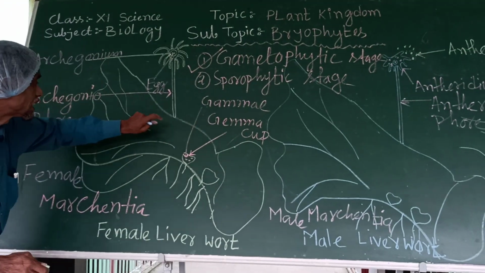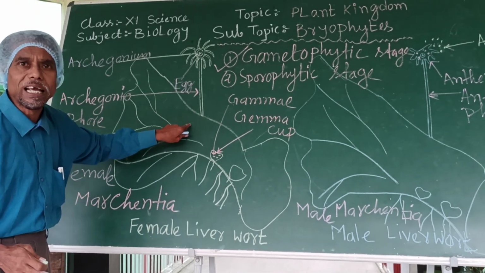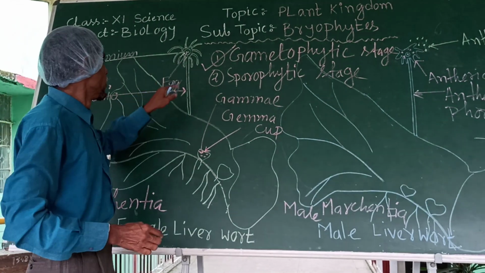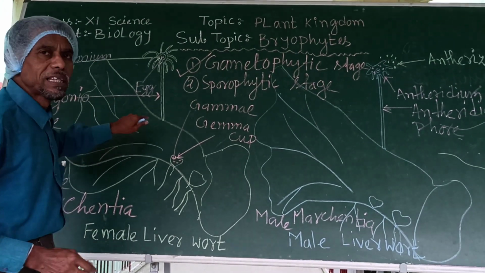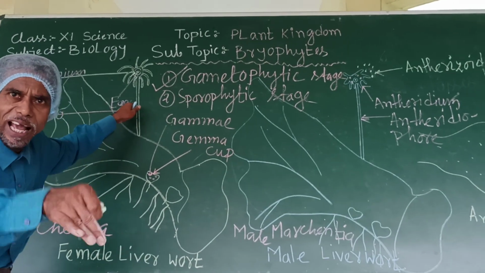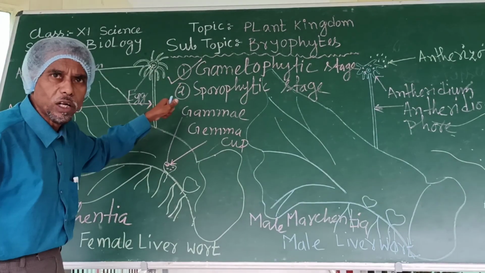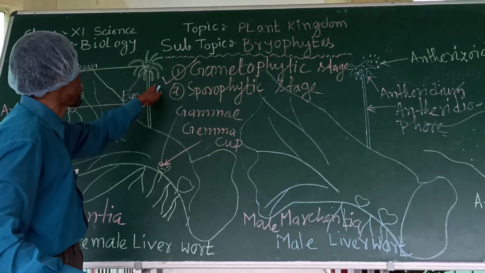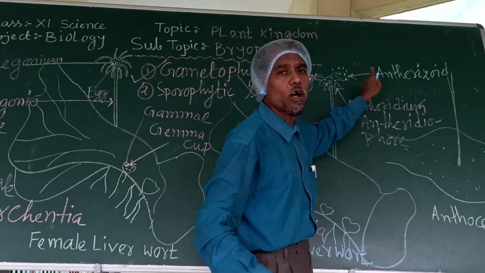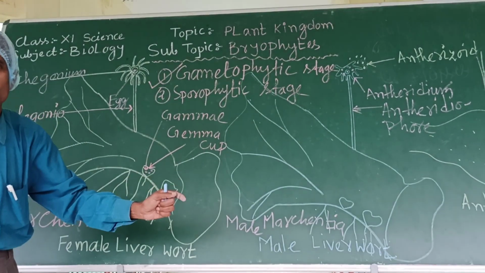Why? Because the parent body, the thallus, is a gametophytic stage having n number of chromosomes. So from the haploid thallus, when the egg is produced, it is also haploid, hence the cell division is mitotic. By means of mitosis, the antherozoid or male gamete is produced. Both are discharged in the nearby water body.